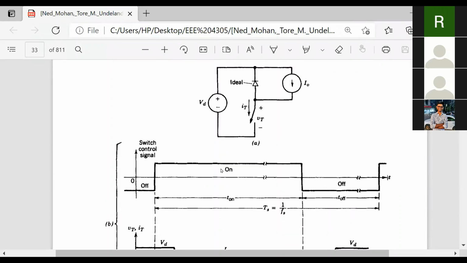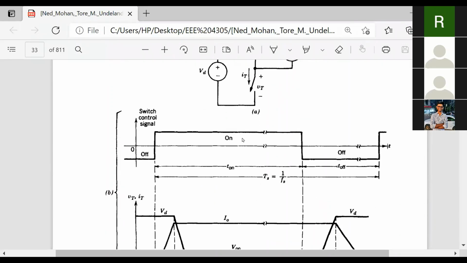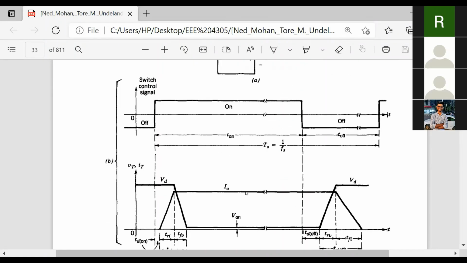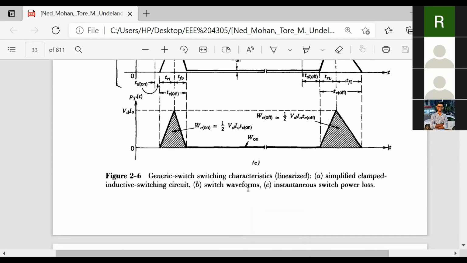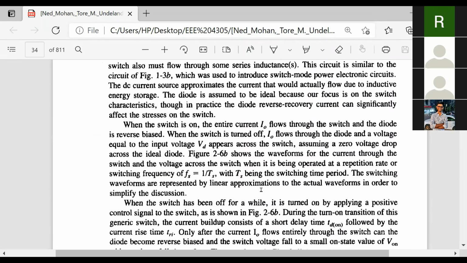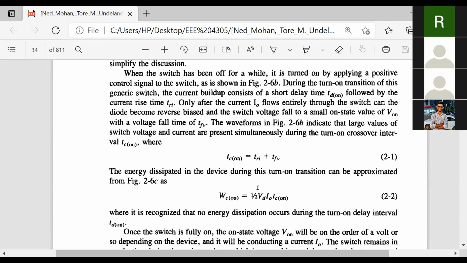That we will discuss, and then we will discuss the switching loss, how the switching loss occurs in any power electronics device. That is in our syllabus. We have to cover it. And after that, inshallah, we shall start the diode circuits. Okay.